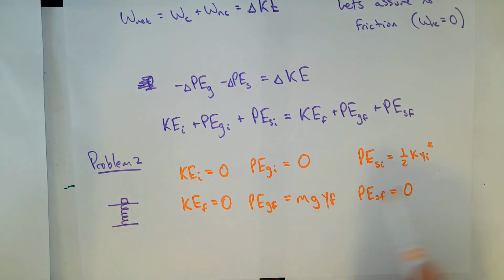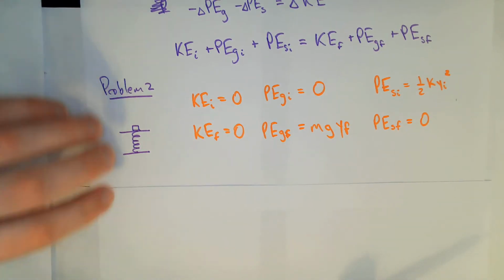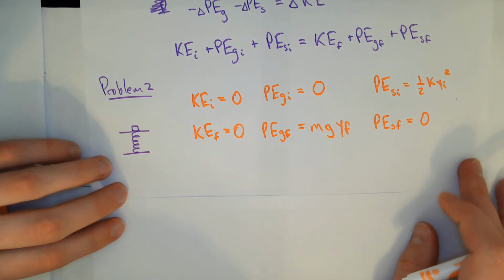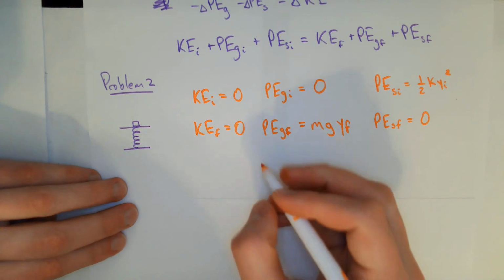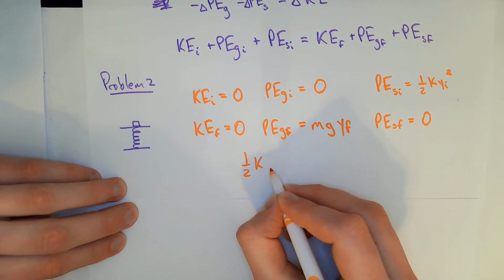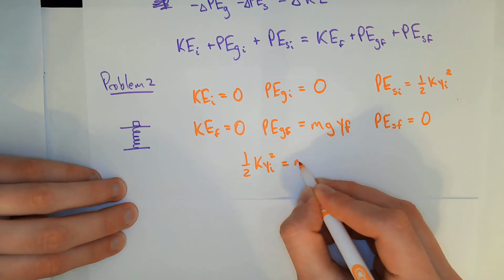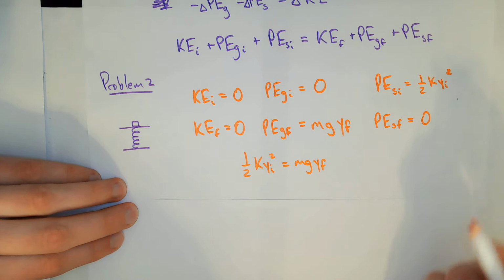So 4 of these are 0, and what do we end up with? We just end up setting these two things equal to each other. This is how these energy conservation problems go a lot of the time. You do a lot of setup trying to see how much stuff is going to 0, and then you end up with a really nice, clean equation that is pretty nice to solve.